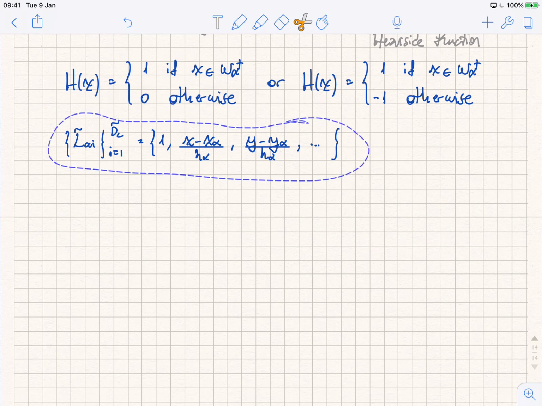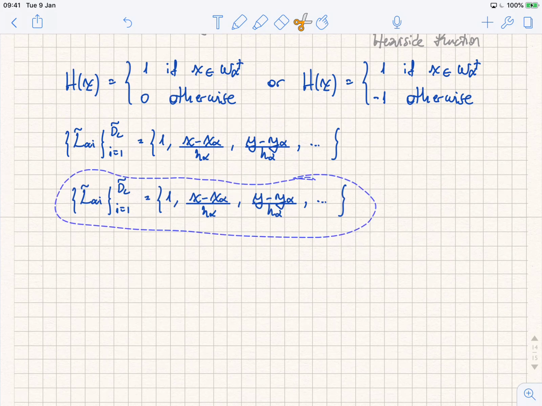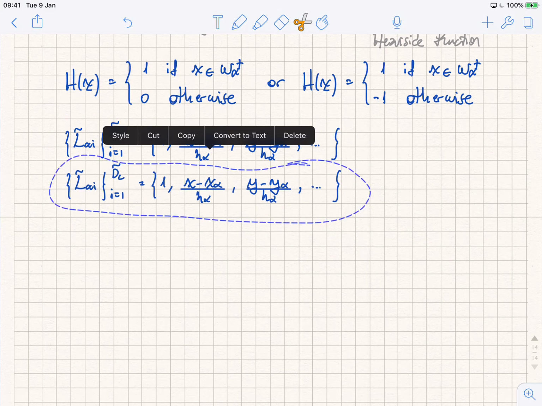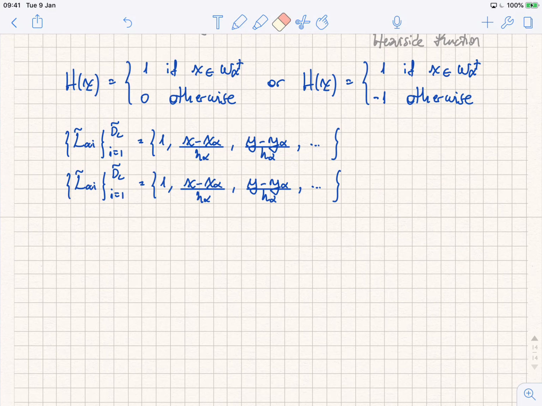And now I want to use the same thing to show you the other part of the enrichment.